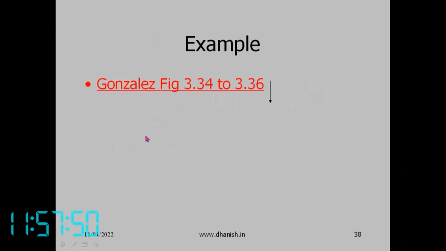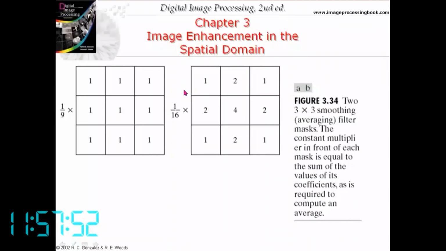For example, 1/9 and 1/16, figure 4. So these are two 3x3 smoothing average filter masks. This one is simply all ones, that means it gives equal weightage to all the pixels. This one is 1, 2, 1, 2, 4, 2, 1, 2, 1, with the center of 4. So the center is enhanced, borders are attenuated.